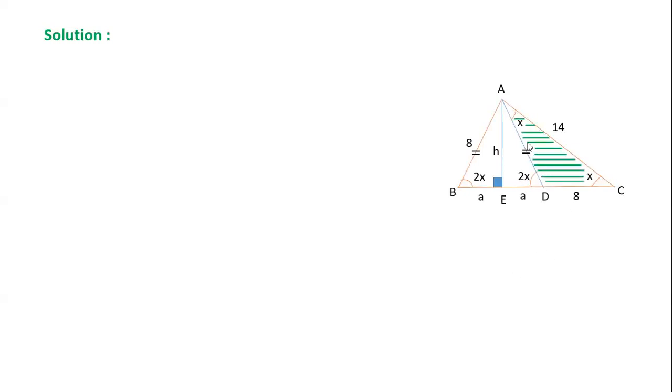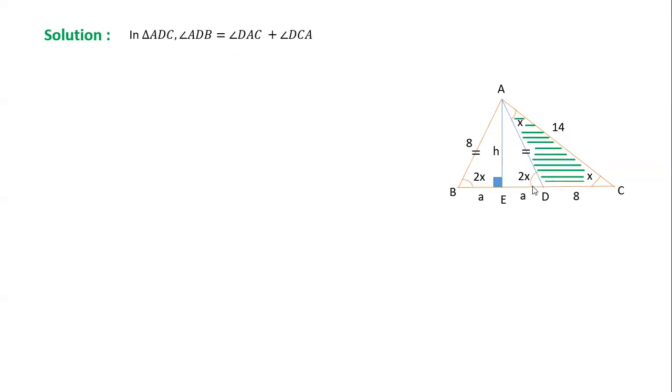Further we continue with the solution. See, this is the figure which we have drawn. Now let us consider triangle ADC. When I am considering this triangle, this particular angle ADB is an exterior angle to this triangle.